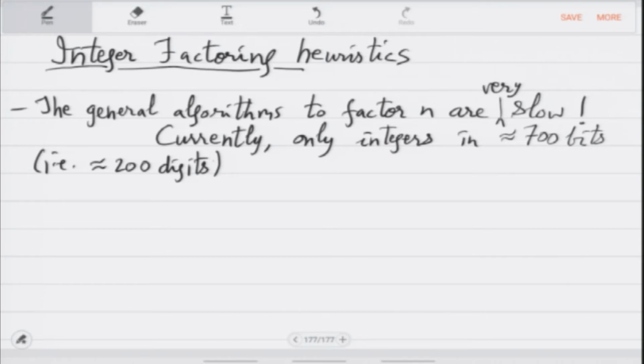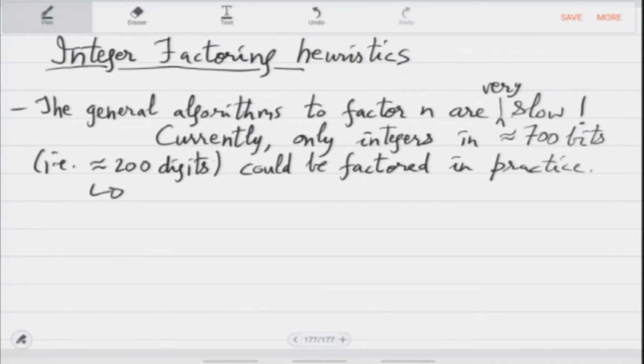So integers of around 200 digits, up to that could be factored. That too using specialized hardware.